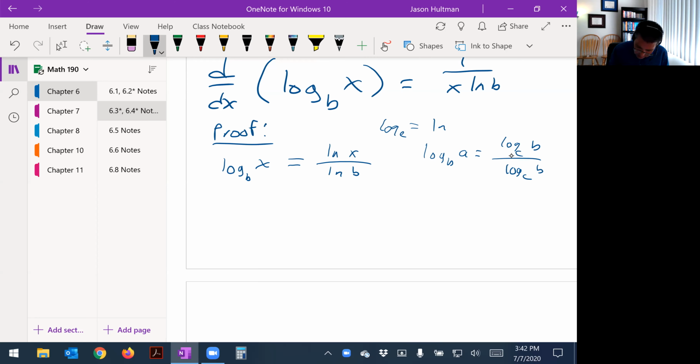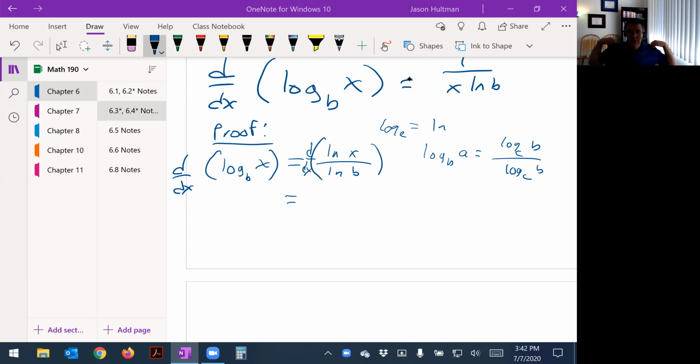Okay, so now let's take the derivative of both sides. d dx. This is going to be the derivative of log base b of x. What's the derivative of natural log of x? Very good. Thank you, Sierra.